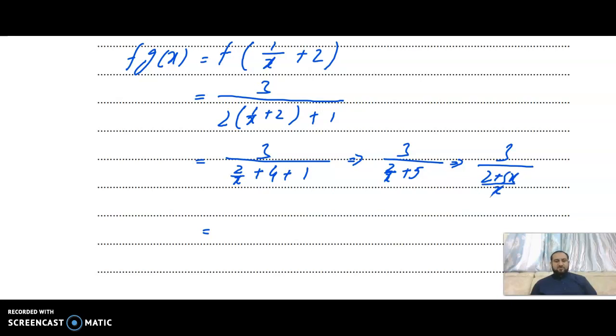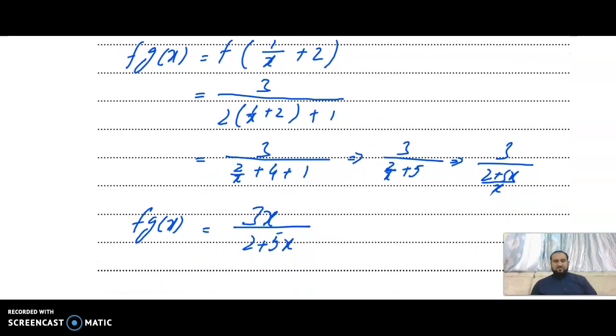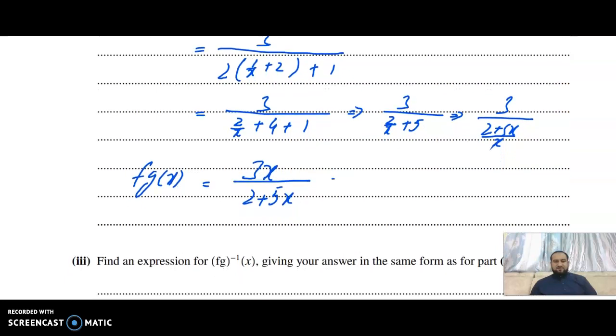Now as we know, the third fraction will go to the first fraction, so f of g of x will be 3x over 2 plus 5x. As we can see, it says we need to write ax over bx plus c.